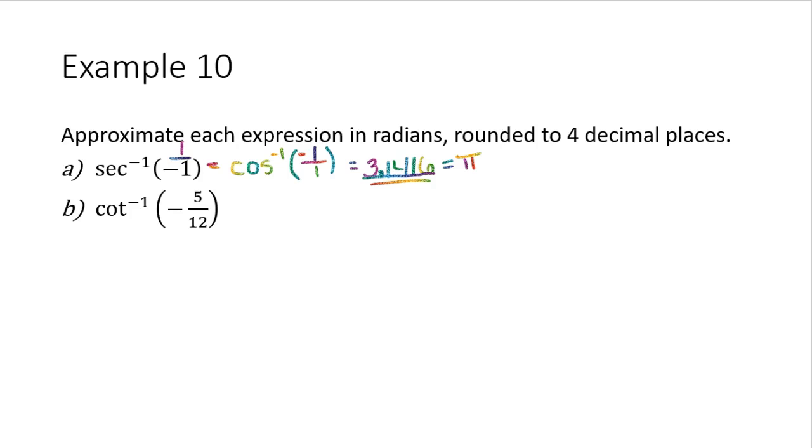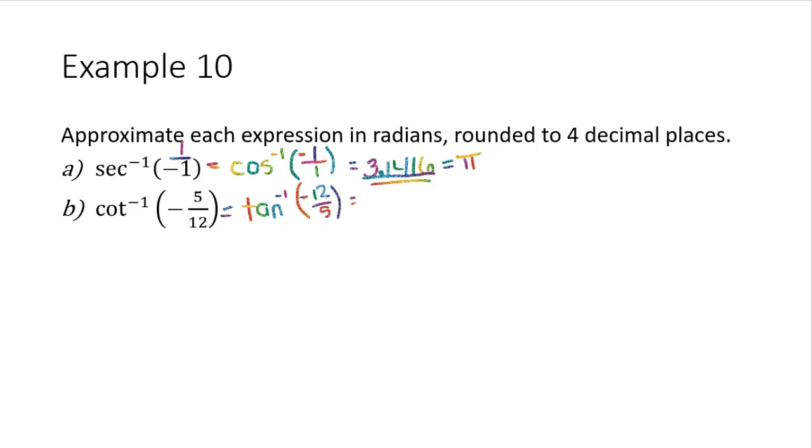Okay, part B, the inverse cotangent of -5/12. The reciprocal function for the cotangent is the tangent. That is on my calculator, but the cotangent key is not. So let's turn this into an inverse tangent problem. And since I've done the reciprocal of this trig function, we need to do the reciprocal of the fraction here and turn this into -12 over 5.